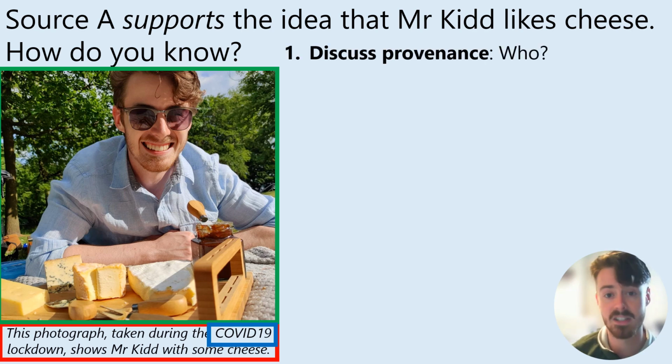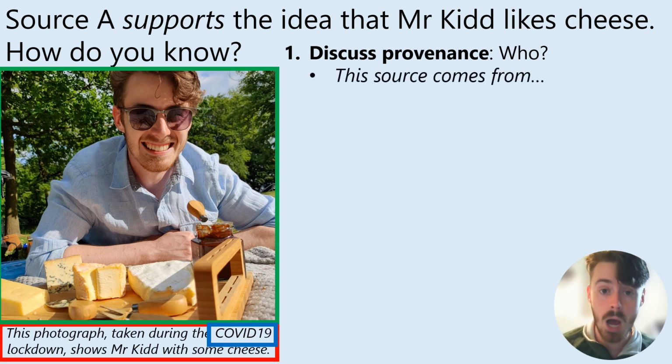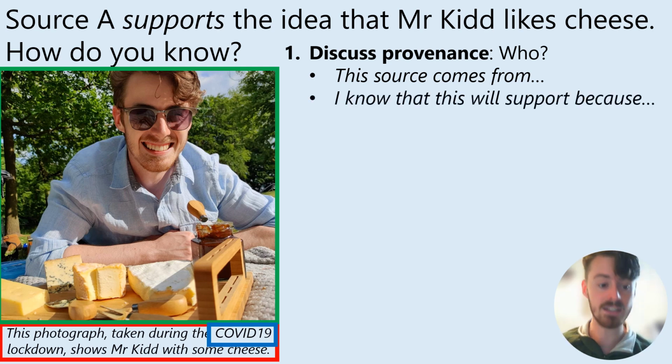So if we're going to discuss the provenance of this source, we're going to look in that red section. Who made it? You need to get that level 1 first. I can see the source comes from Mr. Kid. I need to identify why it's going to support, and then I need to develop that point. I know that Mr. Kid is going to support his own liking of cheese because I know Mr. Kid is a cheeseaholic, right? That would be something to say.